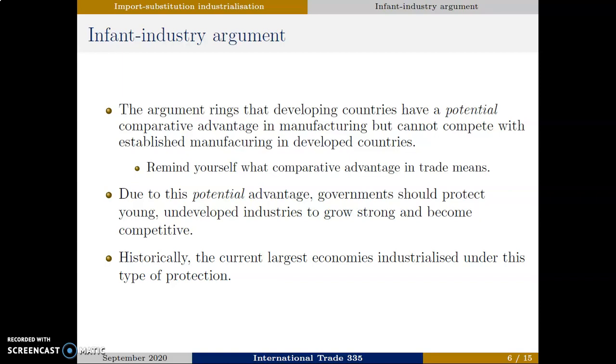Remember to remind yourself continuously how comparative advantage in trade works theoretically. Historically, and another reason why it became popular among developing countries, is that many now developed countries had these types of protections before the Second World War.